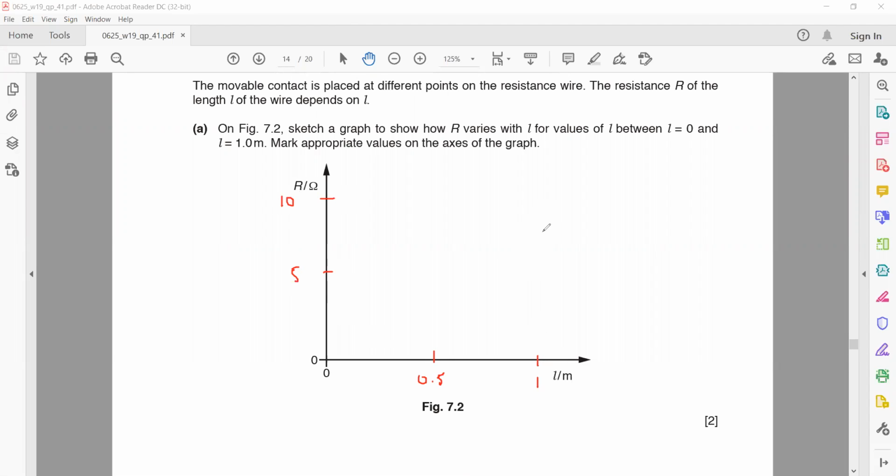Between 5 and 10 there will be 7.5, so a bit more than that, 7.6. And join. So that shows they are directly proportional, and when the length is 1 meter, the resistance is equal to 7.6.